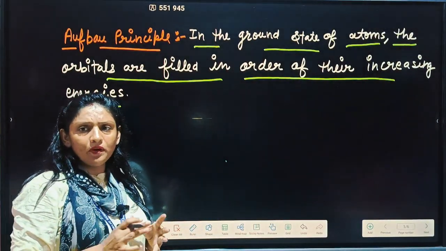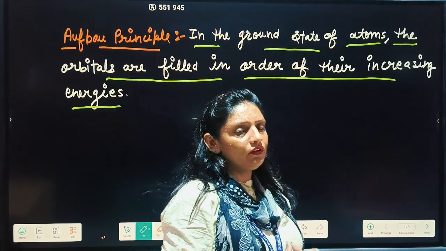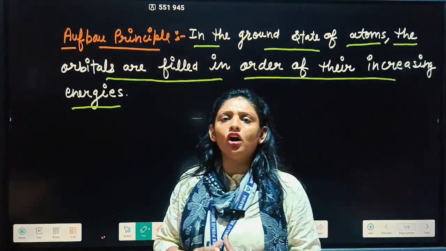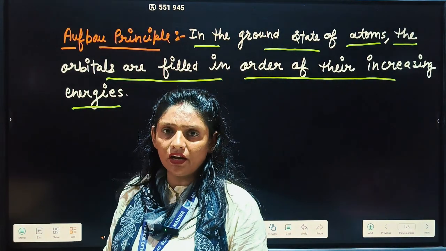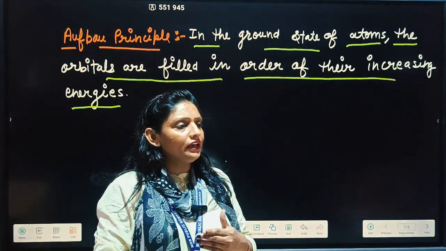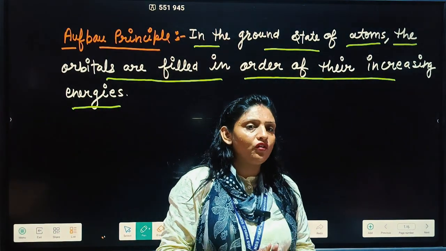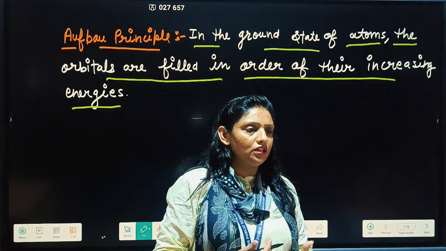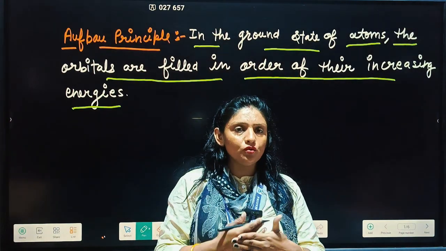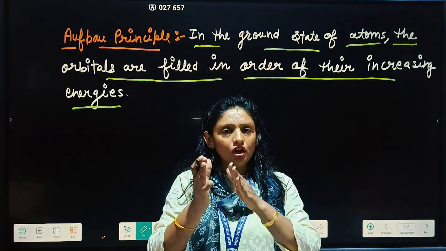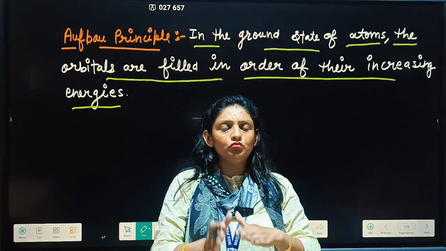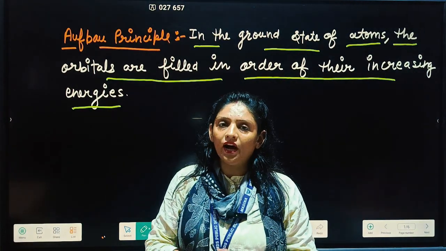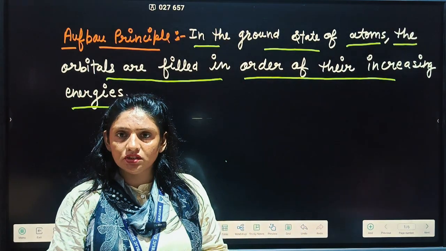Students, in simple way you can understand, we will fill electrons in orbitals in increasing order of energy. First of all, we will fill completely the lower energy orbital, then we will move to the orbital of higher energy, then we will move to the orbital of the higher energy. Clear or not?